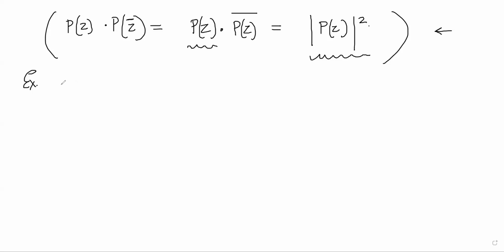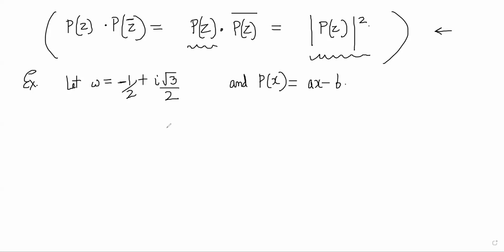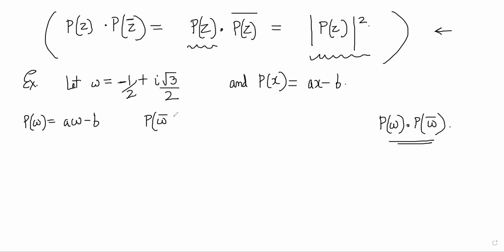This is example 1. Let w be minus half plus i root 3 by 2. Basically, w is a cube root of unity, and p of x be the polynomial ax minus b. I want to show you what happens if you do p of w times p of w conjugate. So let's see what happens there. p of w is obviously aw minus b, and p of w conjugate is a w conjugate minus b.